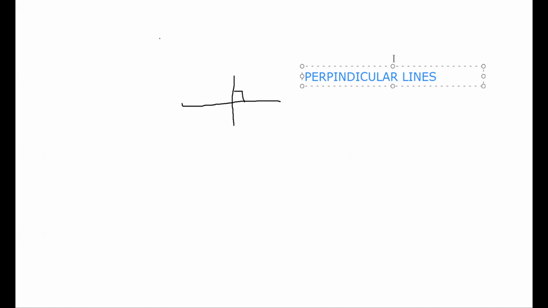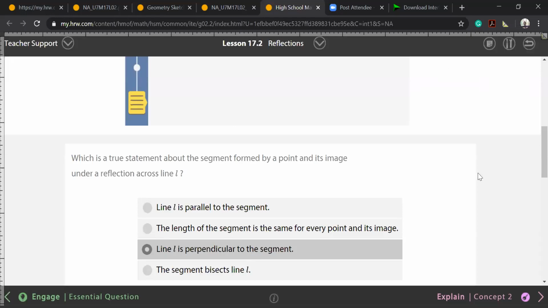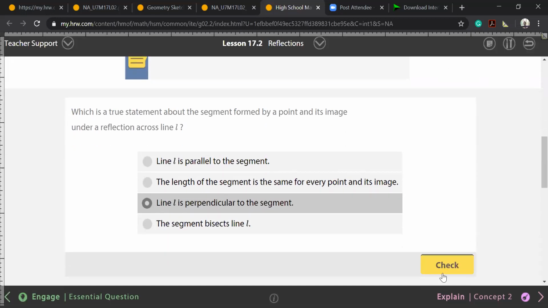Understood? Okay, so in here, my choice is line L is perpendicular to the segment.